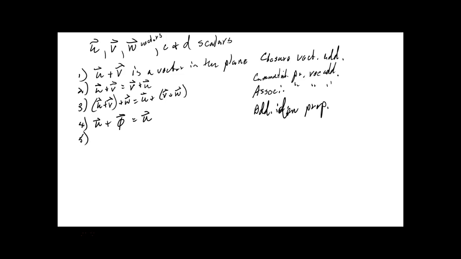Number 5. If you have a vector u and add to it the opposite of u, then you get the 0 vector. And that's a vector, not the 0 number. And that is the additive inverse property.